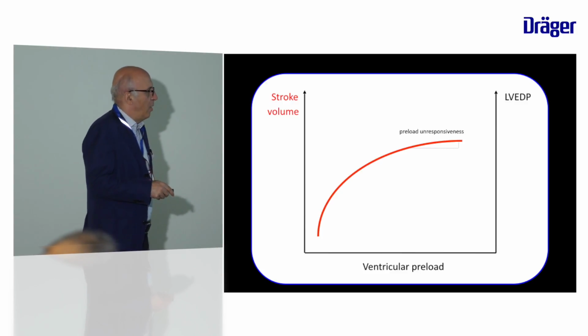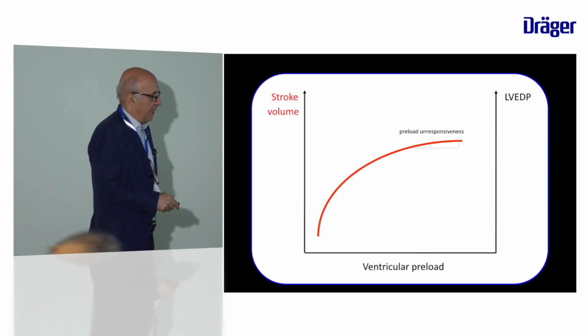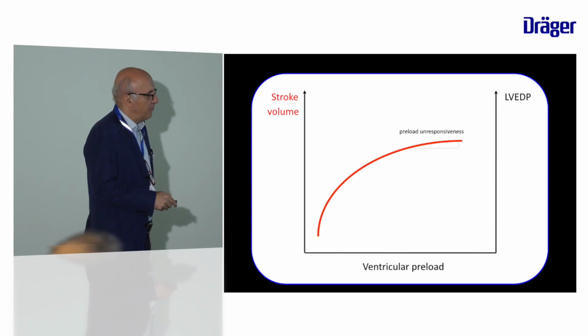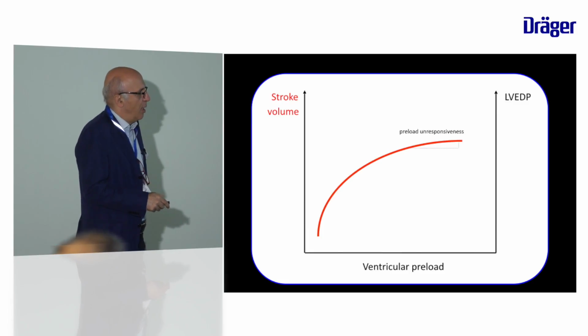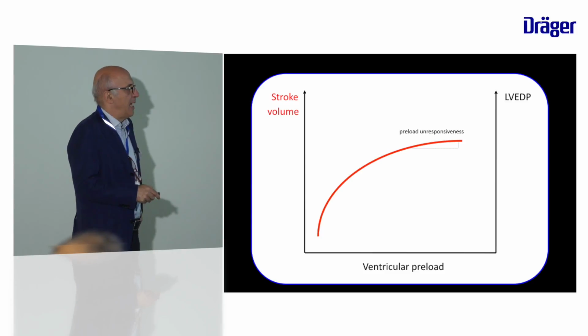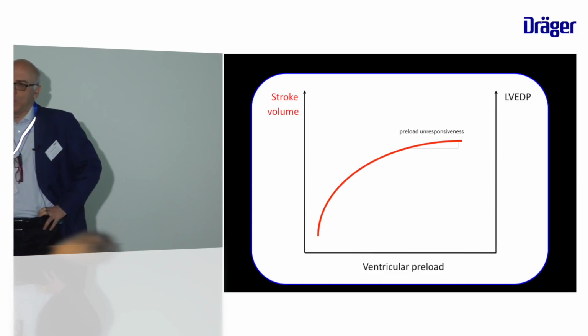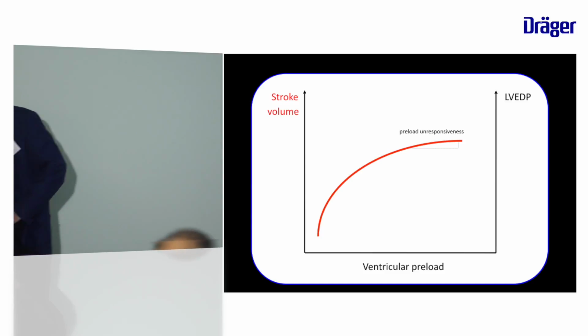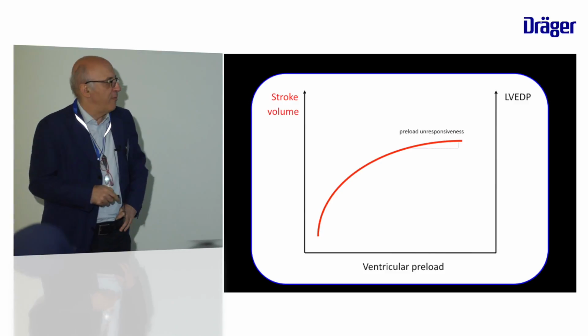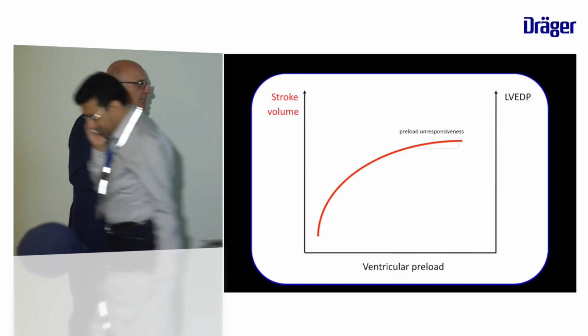We have seen before that the stroke volume is related to the ventricular preload, and by definition, preload unresponsiveness is when you increase the preload and have no major changes in the stroke volume.